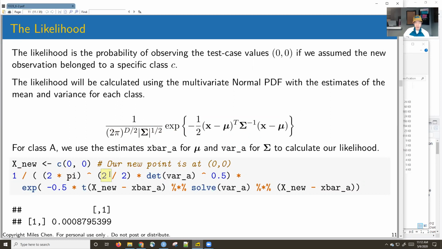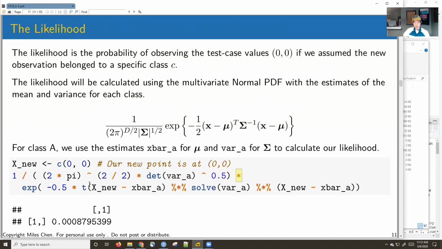We are two-dimensional, so we have 2 over 2, so I guess 2 pi to the 1, times the determinant of our variance matrix. For class A, our estimate of the variance matrix is var underscore A. We just calculated that by taking the sample variance of our data points. The determinant raised to the 1/2 power. And that's this first constant up here.